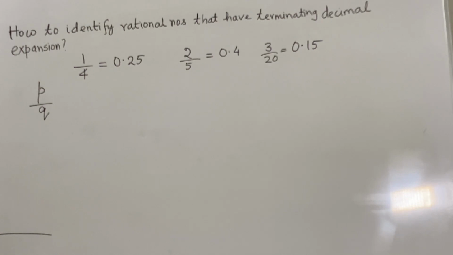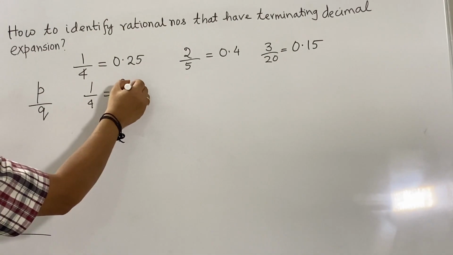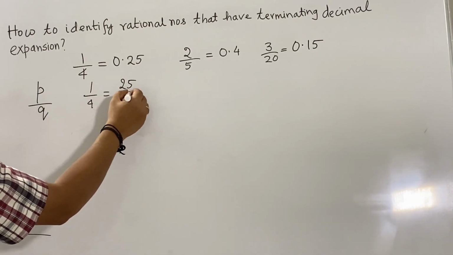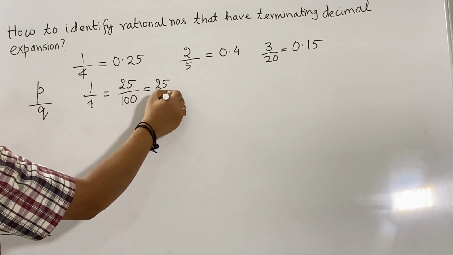Now, observe that if you have a terminating decimal expansion, like here, you can write 1 by 4 as 25 by 100 or 25 by 10 square.